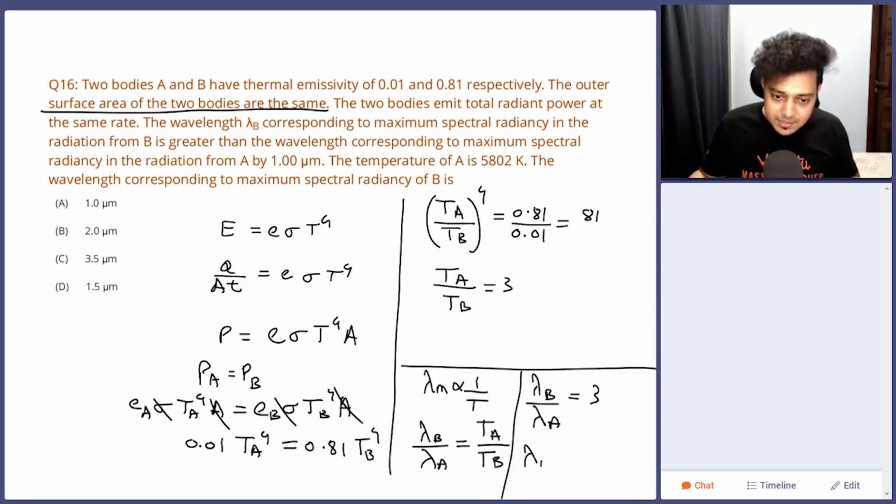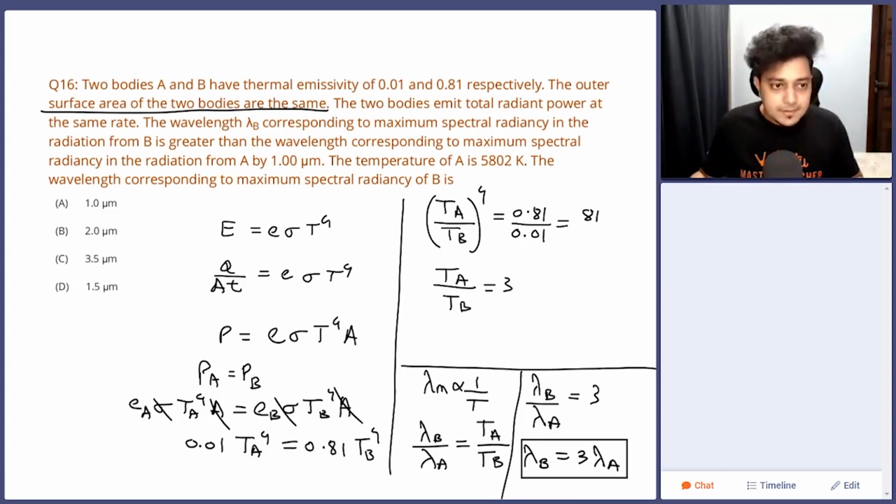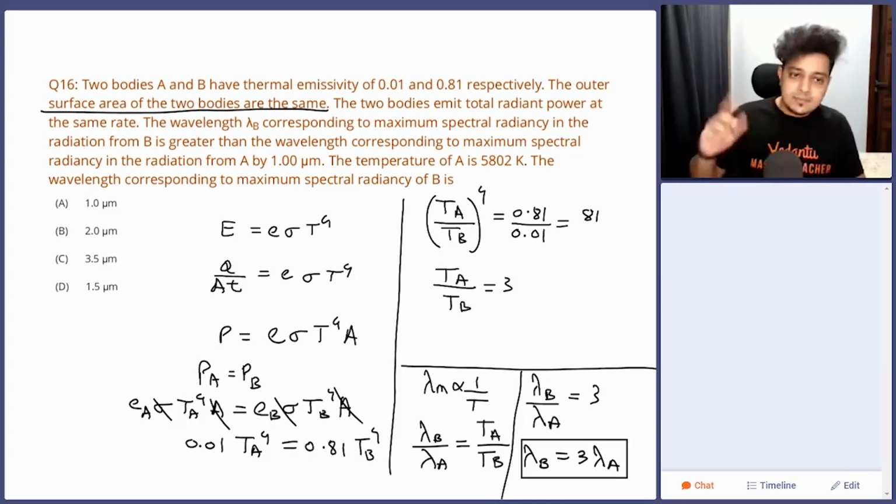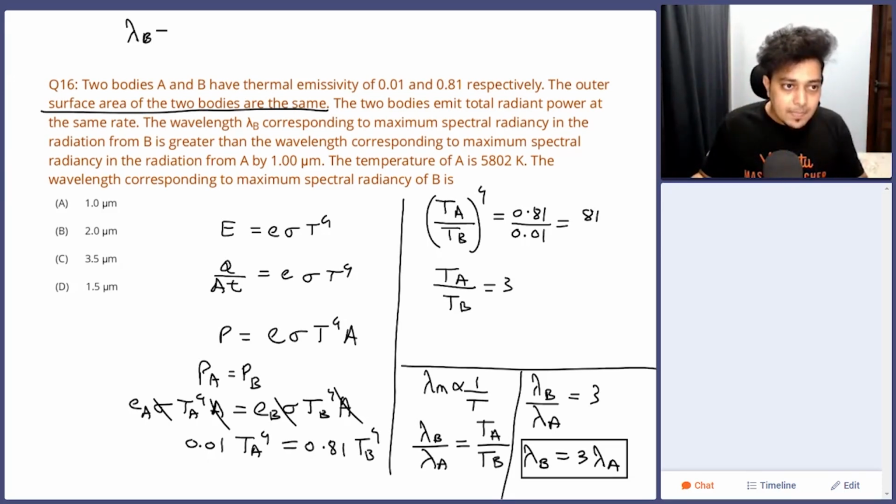So we got one equation: lambda B is thrice lambda A. And one piece of information is already given in the question: the wavelength corresponding to maximum spectral radiancy in radiation from B is greater than that from A. By how much?